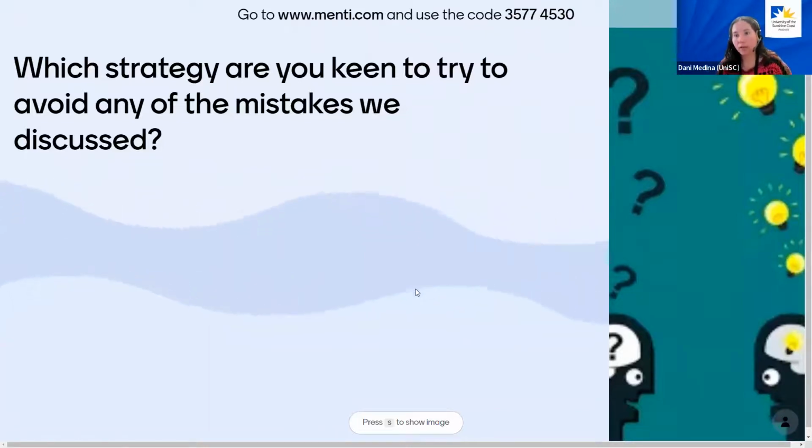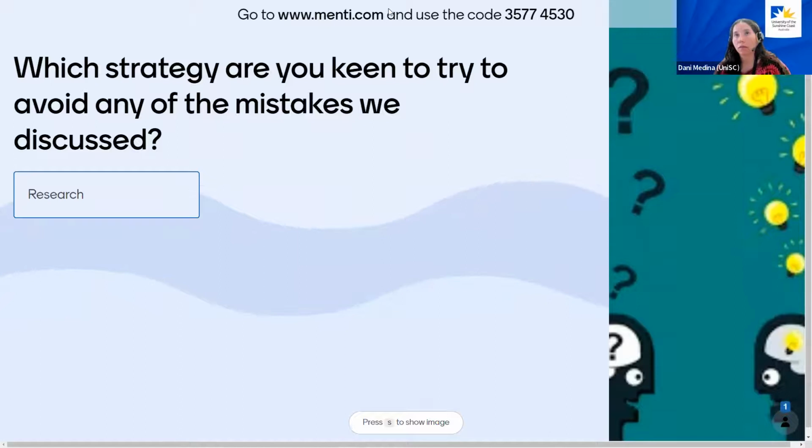It's an open-ended question. You can just type in what you are going to try or what you're willing to give a go as you work on your research intent form.